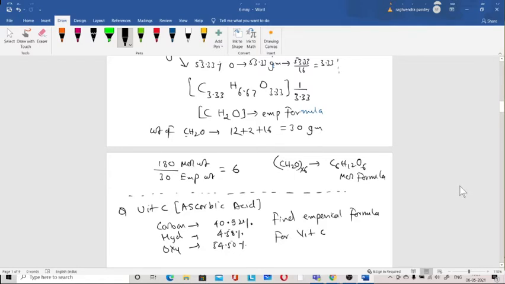Because for carbon you will get around 1, for hydrogen 1.33, and for oxygen also around 1. Carbon and oxygen you will get 3.4 moles, so that will be the same, a 1 to 1 ratio, but hydrogen will create a problem.